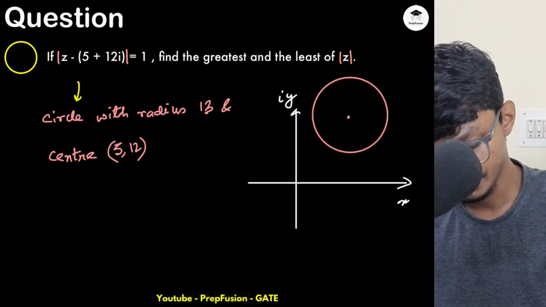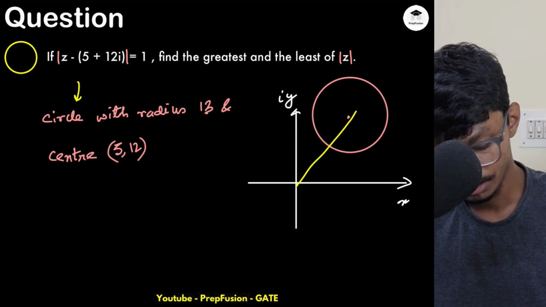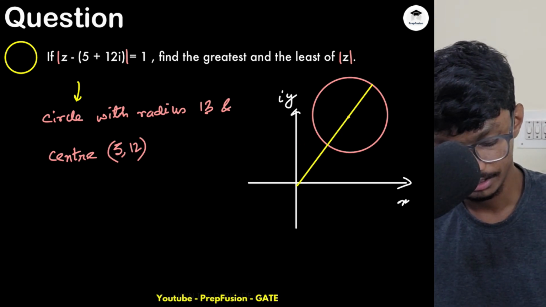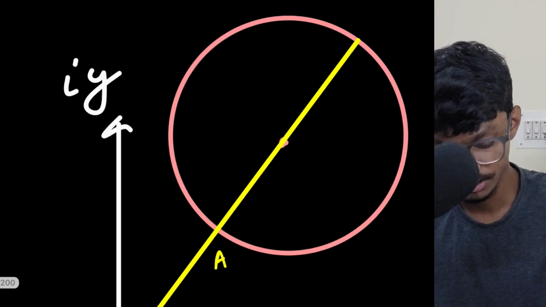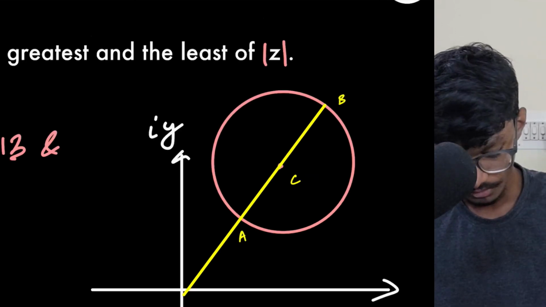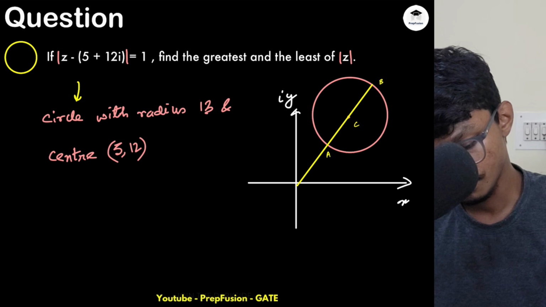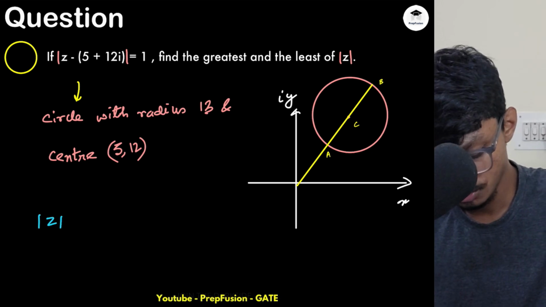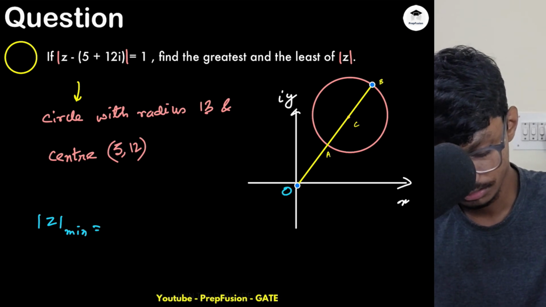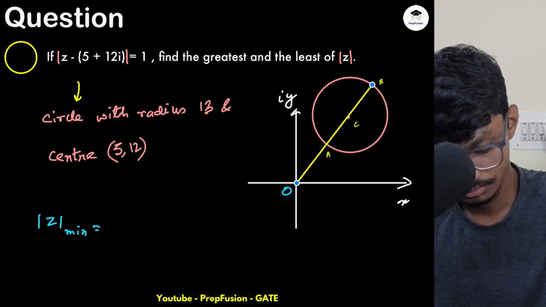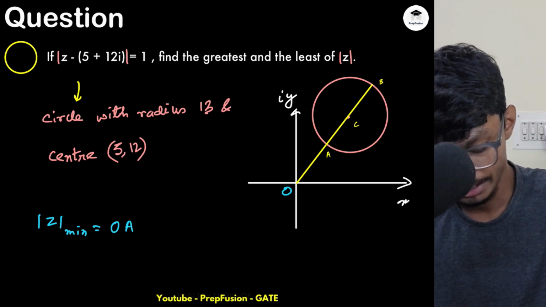So obviously, if I simply draw a line connecting the center and the circle, geometrically, don't go exactly by my drawing because it may be a bit off. Let's say this is B, this is O, and this is C. Then the magnitude of z minimum will be OA, and z maximum will be OB.